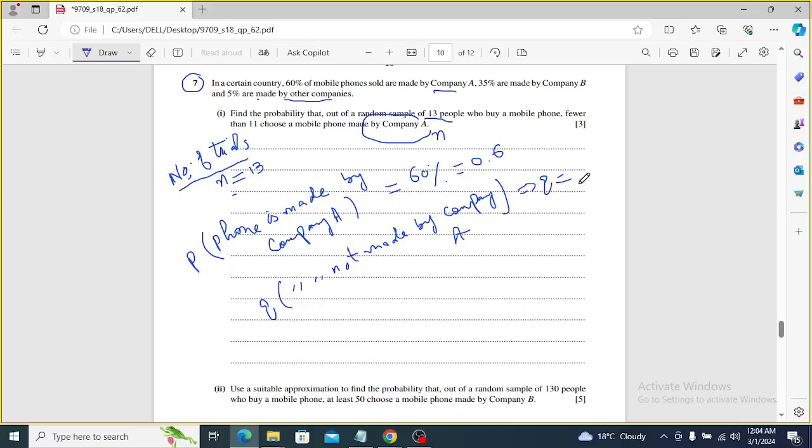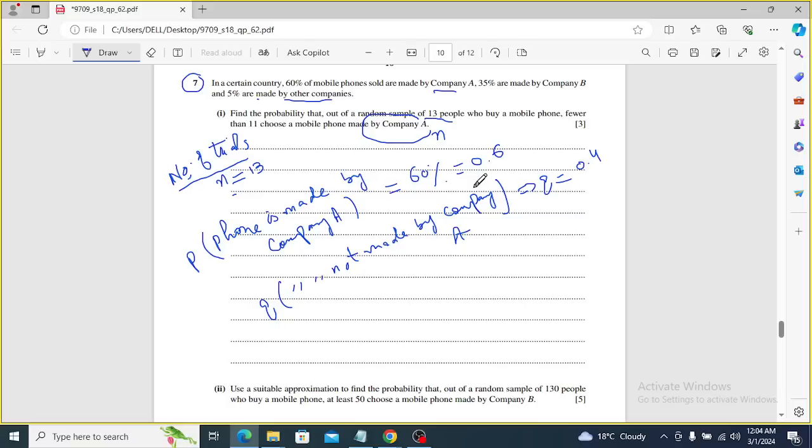If your p is the probability that the phone is made by company A, that is 60%, which means 0.6. And when you have these three things in your question, the n, the number of trials, the p, probability of some event meaning success, and q, and these three are constant, this is a definite hint that it is a binomial distribution.